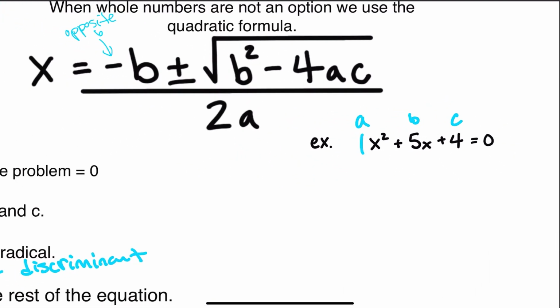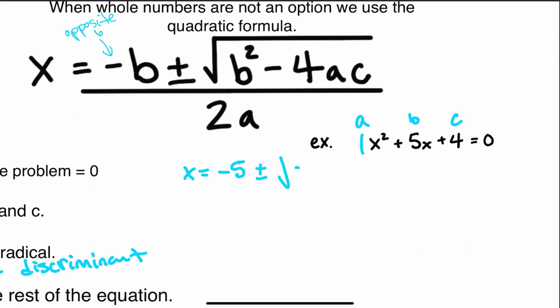Now for this, I'm going to start all the way over here because these take up quite a bit of space. So I'm going to start with x equals, then I need my opposite b. B in this question was 5, positive 5, so I'm going to make that a negative 5, so it's opposite. Plus or minus the square root of b squared.